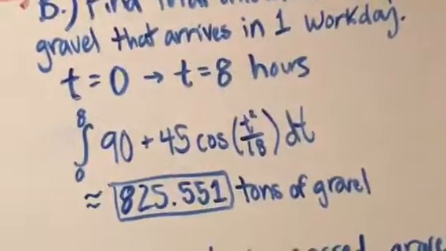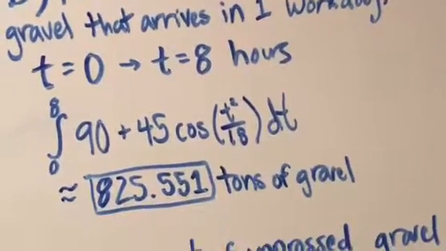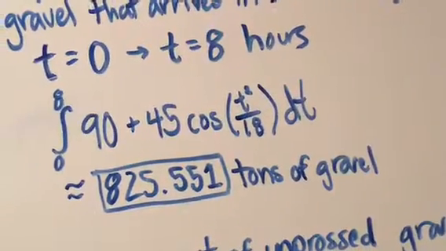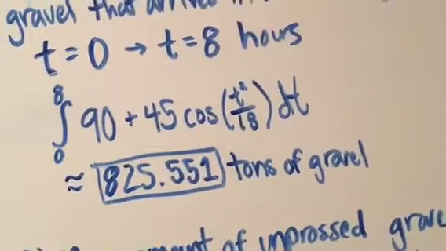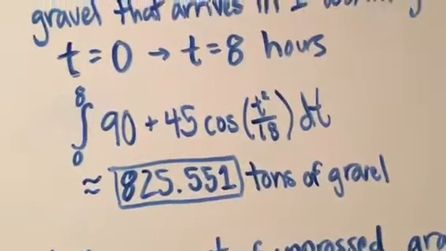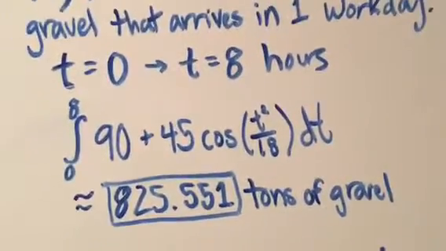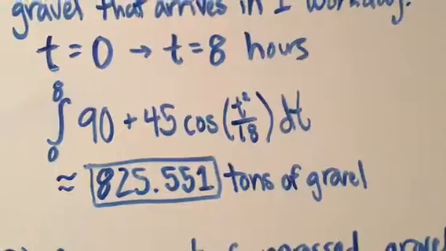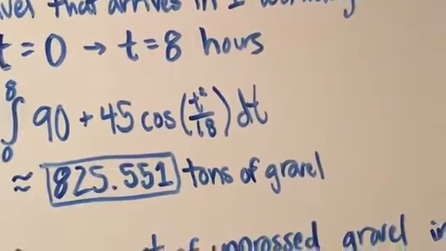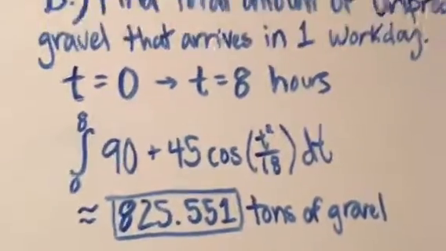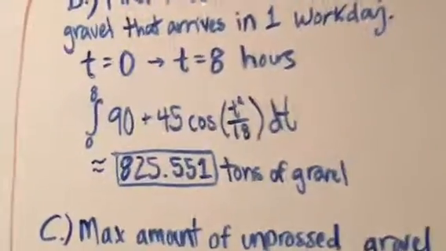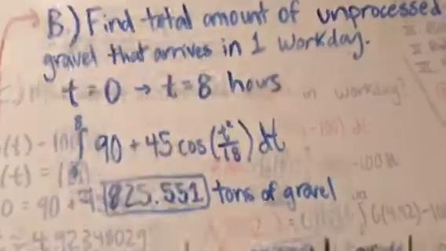So if we're trying to find the amount of gravel, we integrate from 0 to 8 using the gravel formula, and this can also be done in the calculator to find 825.551. Remember to put units there, but this is a pretty straightforward problem.